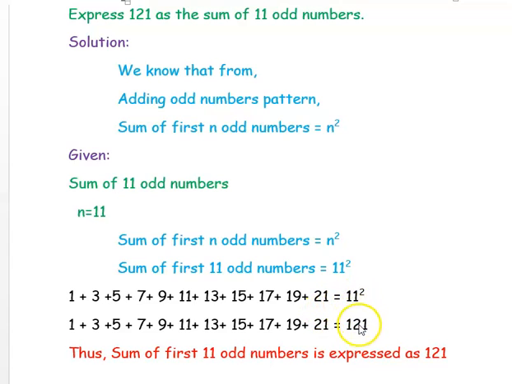So we know that 11 square is 121. So the sum of first 11 odd natural numbers, that is 1 plus 3 plus 5 plus 7 plus 9 plus 11 plus 13 plus 15 plus 17 plus 19 plus 21 is expressed as 121.